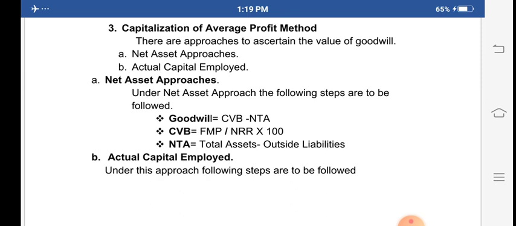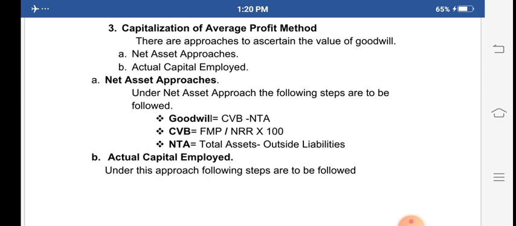In this capitalization of average profit method, there are two approaches to ascertain the value of goodwill. The first one is the net asset approach, and the second one is the actual capital employed approach, which is nothing but the liability approach. Now see the first one, the net assets approach.